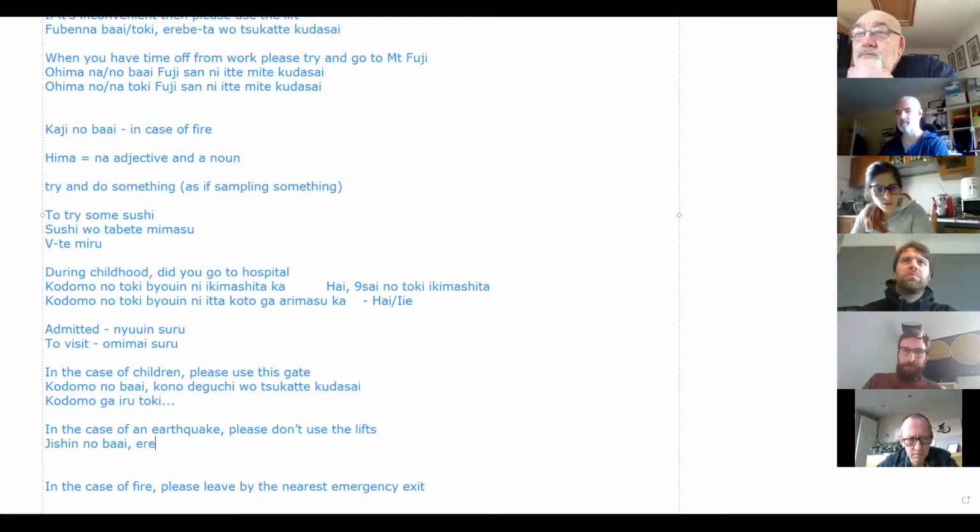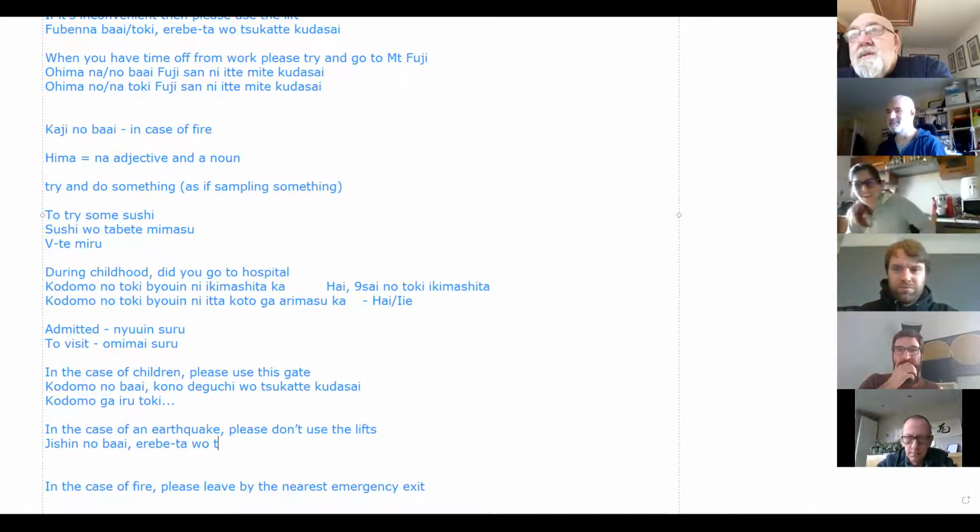Erebeta o tsukawanakute kudasai. Can you say that again? Tsukau, to use, tsukanakute, tsukawanakute. Tsukawanakute mo ii desu ka? No. But this is where we use tsukawanakute. So tsukanai.